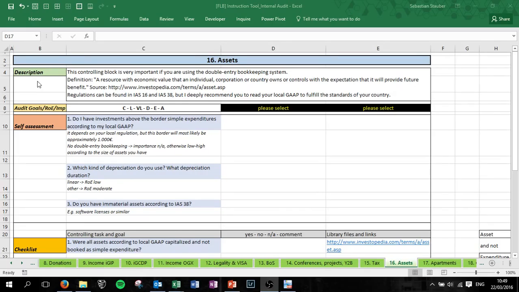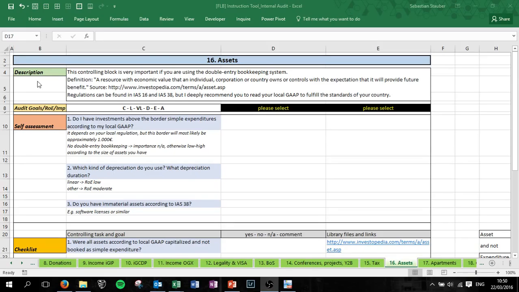Nevertheless, take a look into your local GAAP, the generally accepted accounting principles, or simply take a look into IAS 38, the international accounting standards. In general, if you have no double entry bookkeeping system, then it simply doesn't exist. This is technically the case. If you have it, which is recommended, take a look into this border.